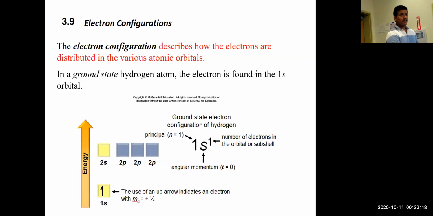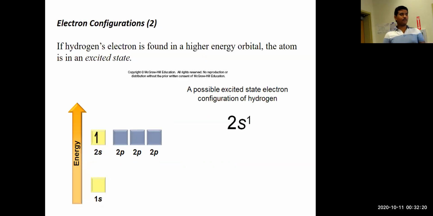Let's look into another example. Sorry, this is not another example. It is a little discussion on low excited state and high excited state. If you remember, when we discussed Bohr's model of the hydrogen atom, we discussed the electron going from a low energy state to a high energy state and coming back, releasing photons during that process.